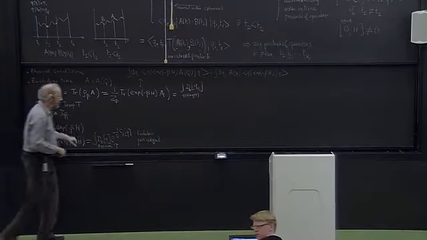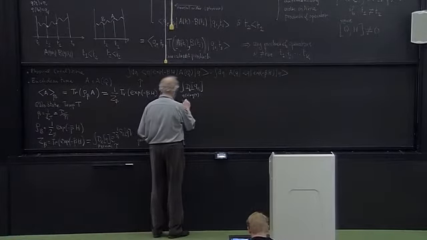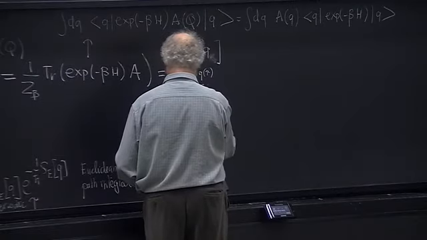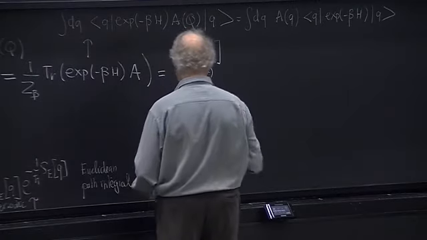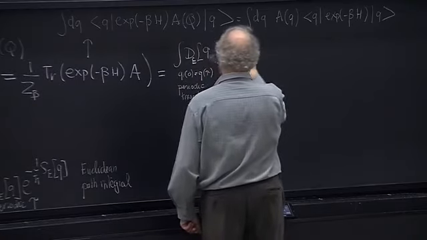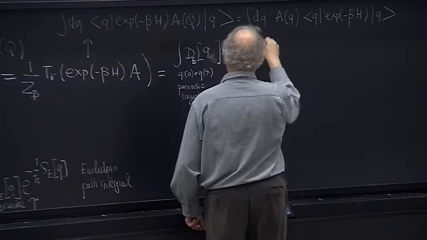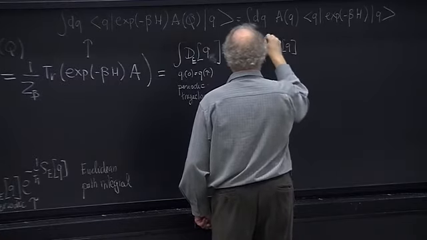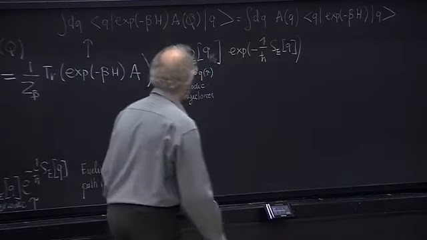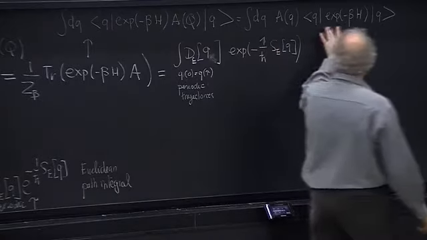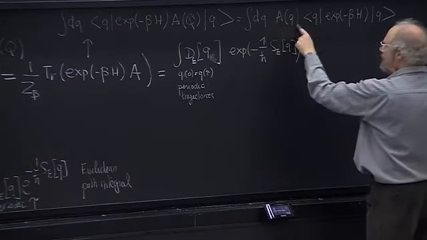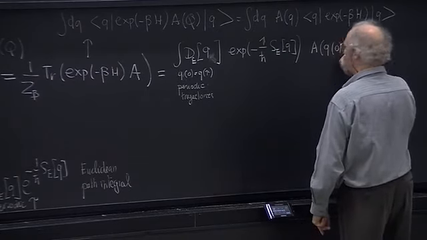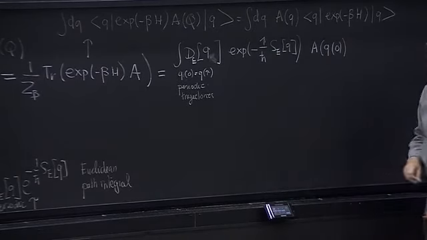So periodic histories in Euclidean time, exponential of minus 1 over h bar, the Euclidean action associated to this trajectory. This is how you represent this object where q is fixed. And here you insert A of q of 0, the initial time.